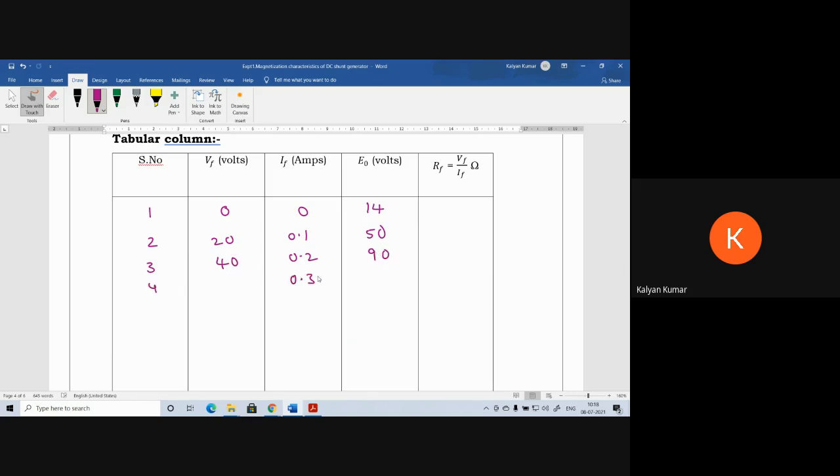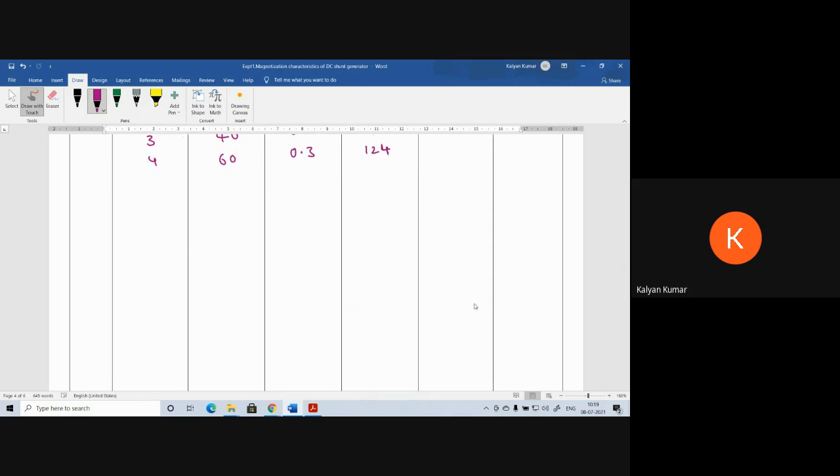For 0.3 field current, VF is 60, and 124 is E0. For 0.4 amps, VF is 80, E0 is 156, and for 0.5, VF is 100, whereas E0 is 188.